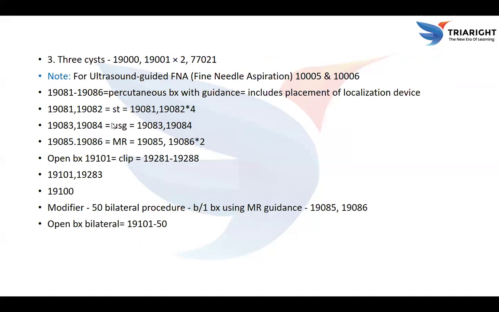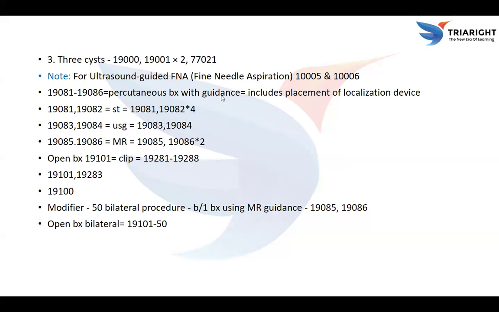So now the aspiration procedures, that is 19000, 19001 and 77021. These are for magnetic imaging guidance which is used during an aspiration procedure if applicable. So next is FNA, fine needle aspiration. What is FNA?